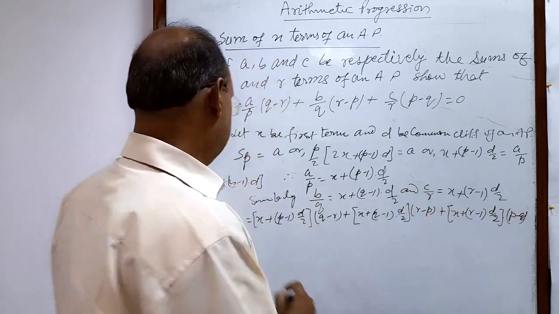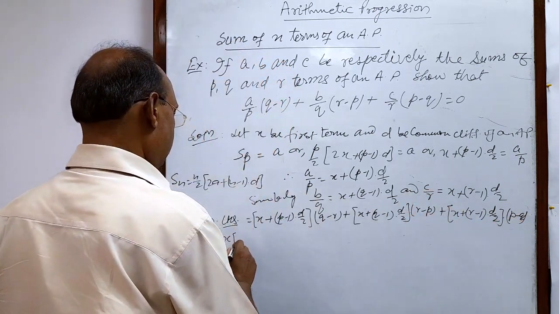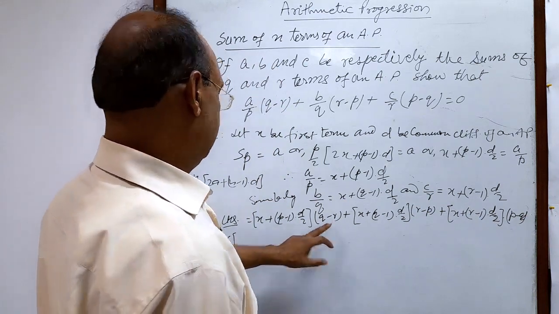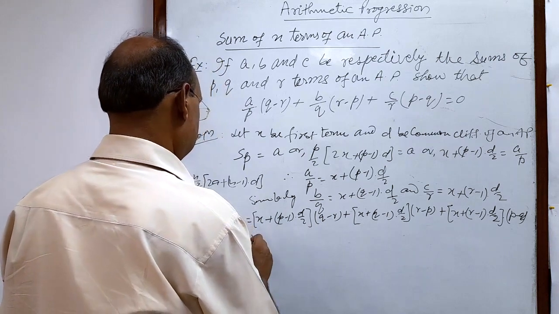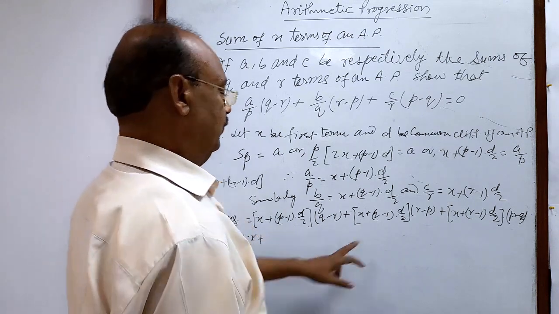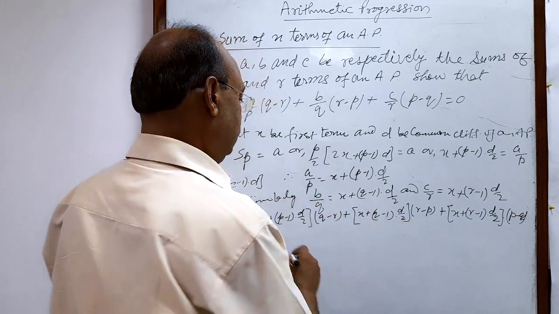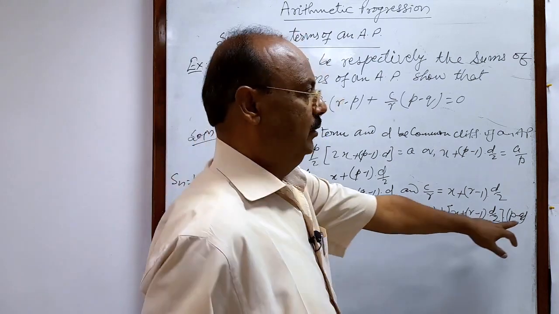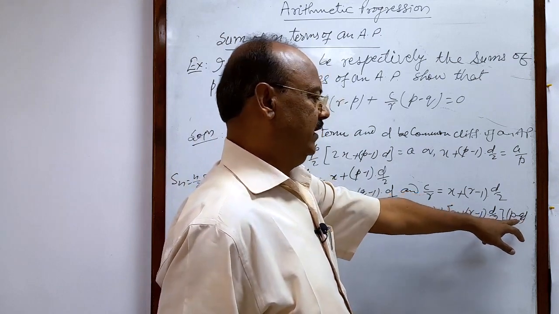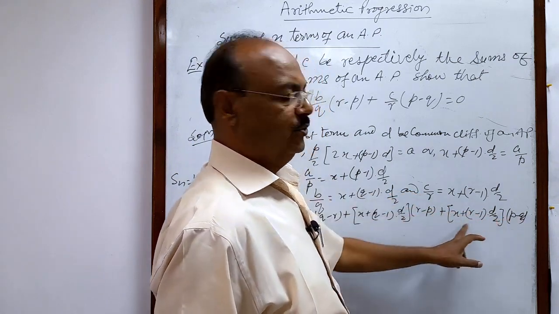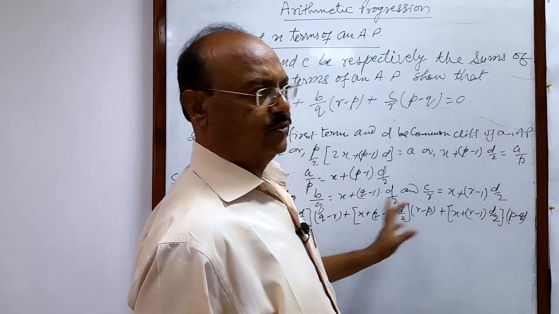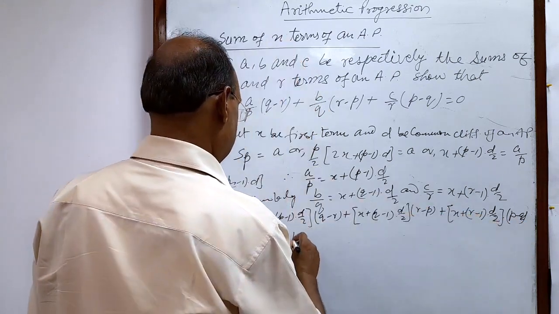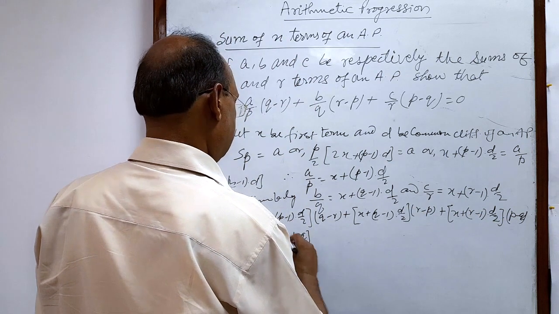So we can take x common here, and here this is (q minus r) plus (r minus p), and here (p minus q), because these factors ultimately will multiply with these two terms, and we are taking x common. So simply we can write plus (p minus q), okay?